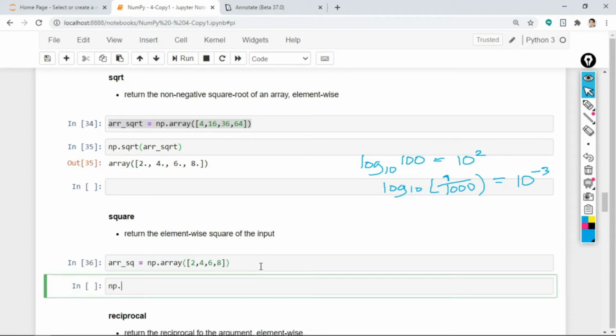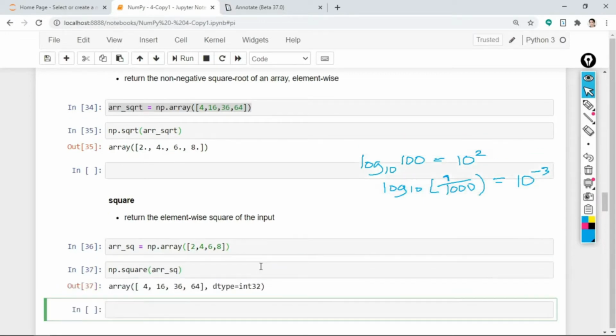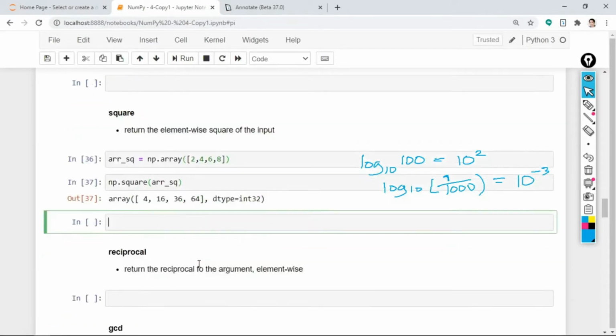So we have np.square of array sq. So that it's only the square of the number. So 2 squared is 4, 4 squared is 16, 6 squared is 36, and 8 squared is 64.